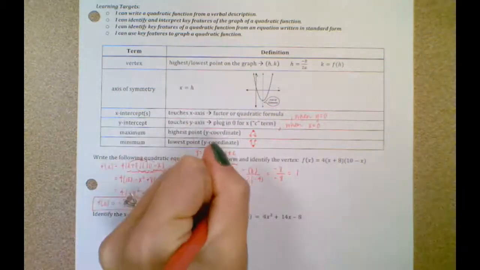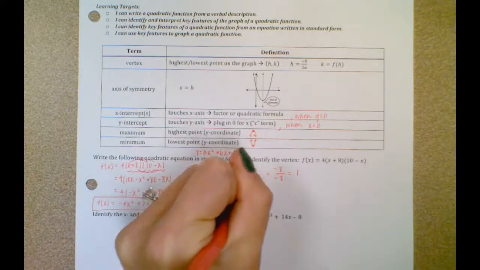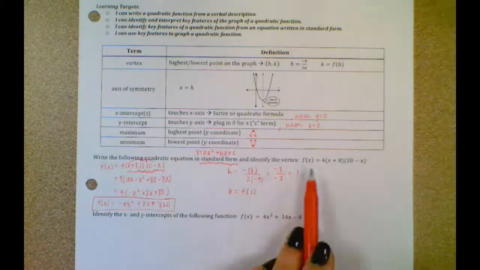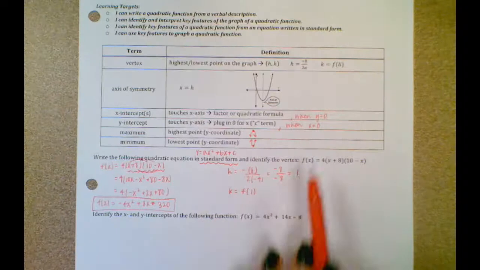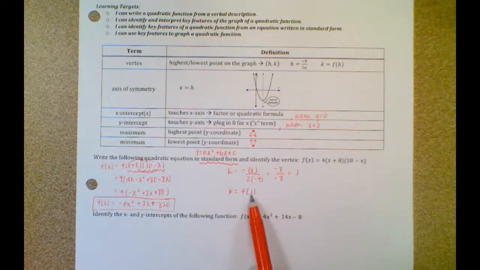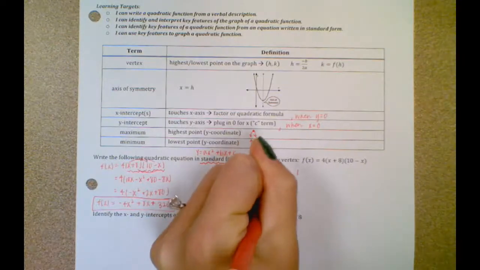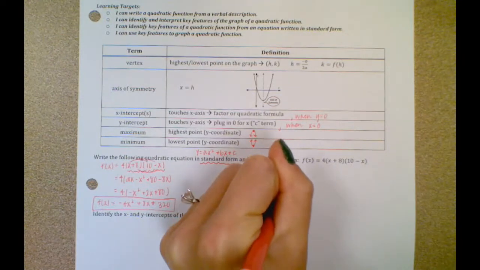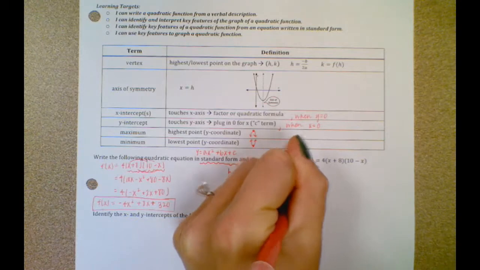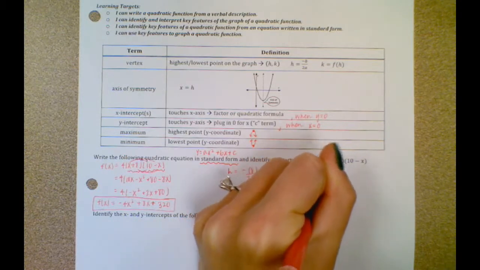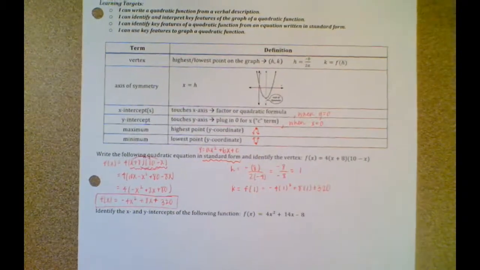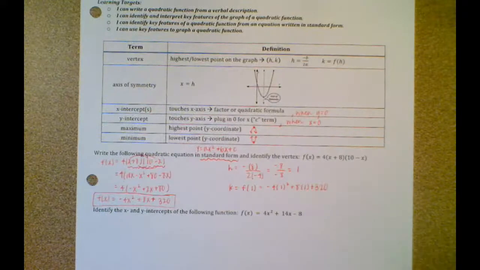Now to find k, remember you're just solving f of h. My h value was 1. So all I'm doing is plugging 1 in for x into this equation right here. So I have negative 4 times 1 squared plus 8 times 1 plus 320. And I'm going to go ahead and type that into my calculator.